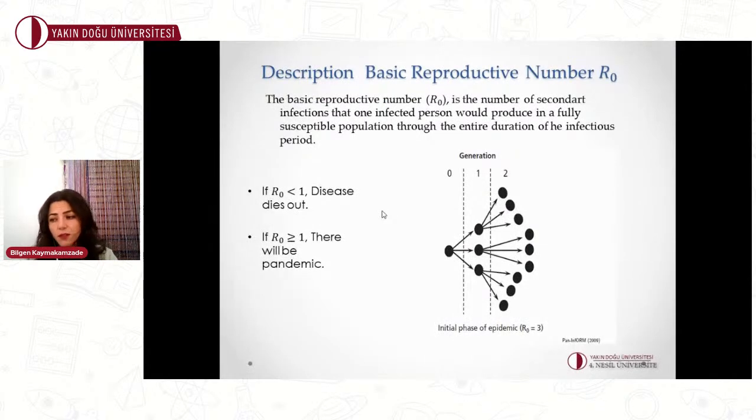Now, after giving some basic explanation of what modeling is, I need to explain what the basic reproduction number is. Maybe you have heard of the basic reproduction rate, number or ratio; all of them are used all over the world.